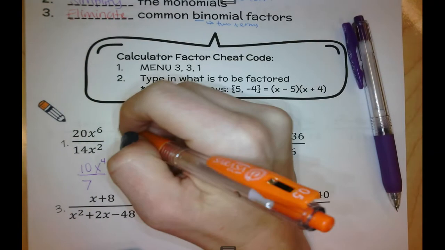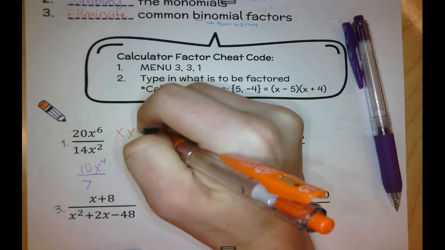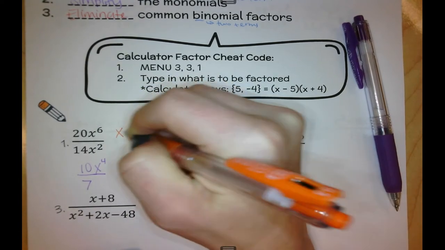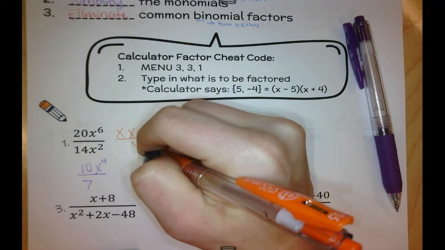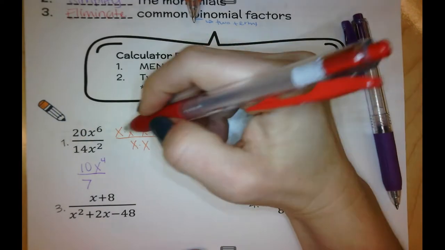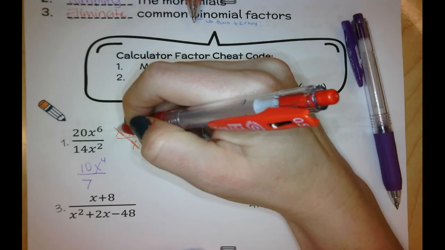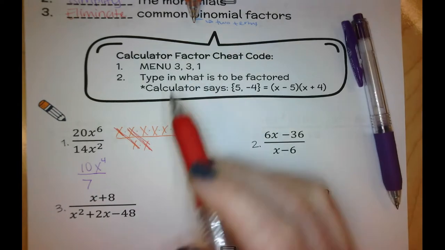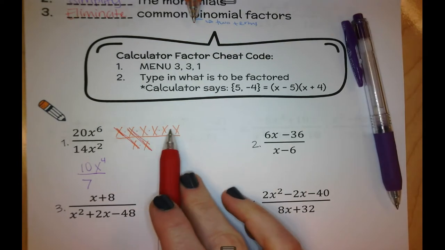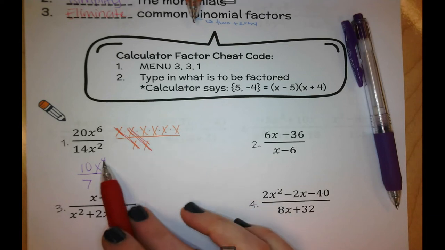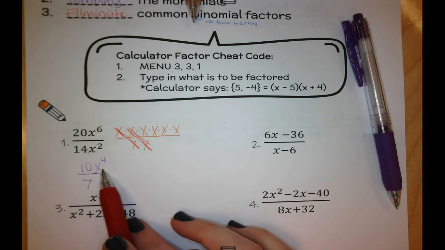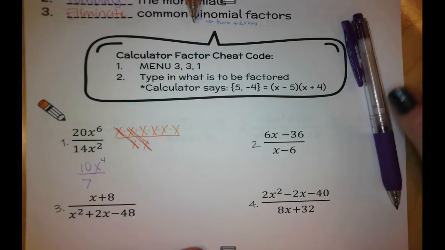If I lost you, what we're really doing is we have 6 x's, 1, 2, 3, 4, 5, 6 over 2. And we can eliminate those x's. And then what are we left with? 1, 2, 3, 4 x's, and they're on top. So x to the 4th on top. Okay?